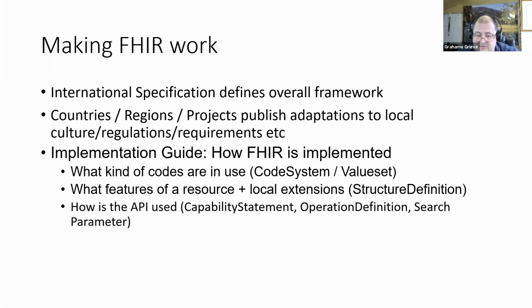So what happens is at the international level, which is the core FHIR specification, we can only put in there what everybody agrees to. And there's a lot of variation around healthcare around the world. And there's variation not only between jurisdictions, but variation, for instance, between a GP, an emergency department, an internist, an ICU, an aged care centre. They're very different perspectives on what kind of data they collect and why they share it and what their shared processes are.